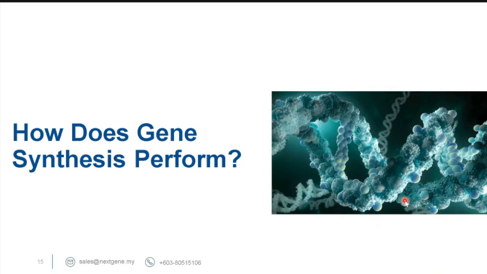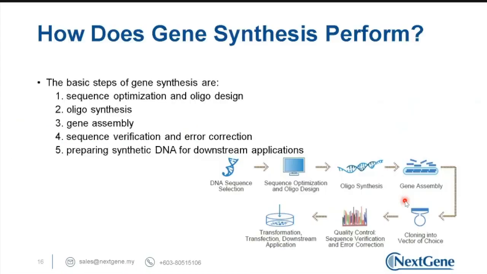So next, I will move on to the next topic, which is how gene synthesis is performed. Okay. So basically, the basic steps of gene synthesis are sequence optimization, DNA sequence selection, and oligo design. Basically, we are synthesizing some short oligos. Okay, so therefore, we will go to oligo synthesis.